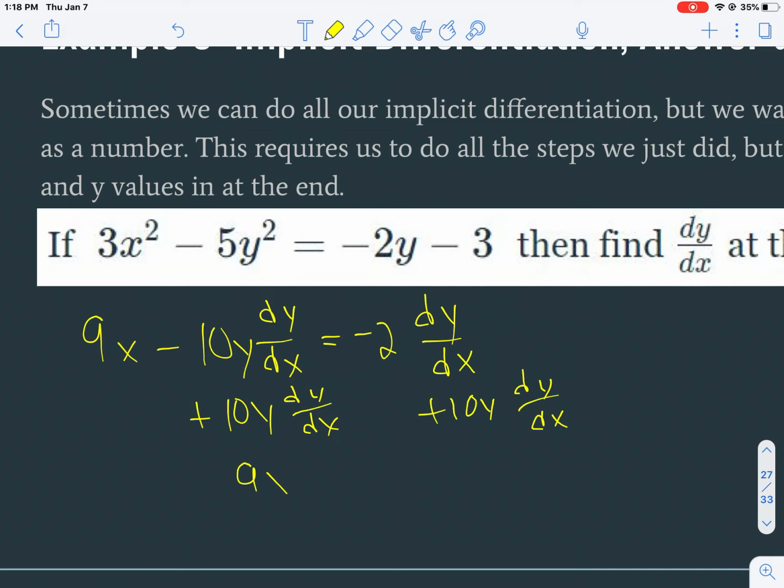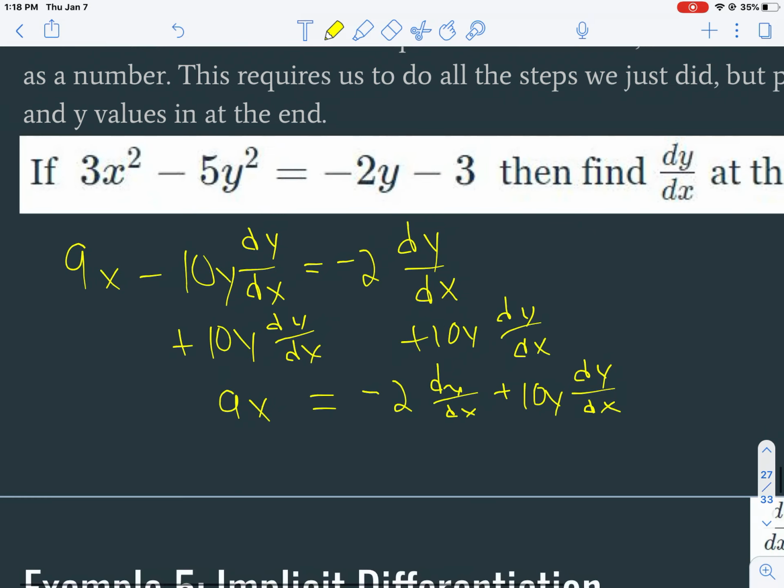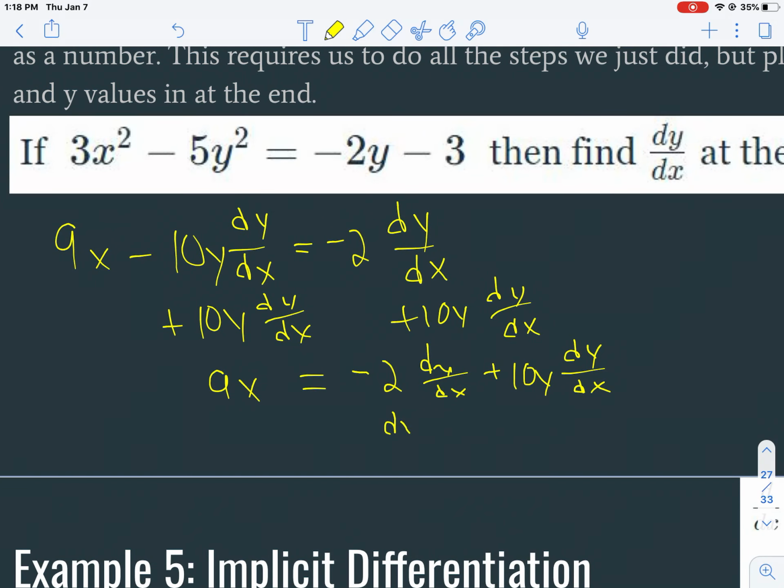So I get 9x equals negative 2 dy dx plus 10y dy dx. Factor out dy dx. Then I divide both sides, so I get 9x over negative 2 plus 10y equals dy dx.